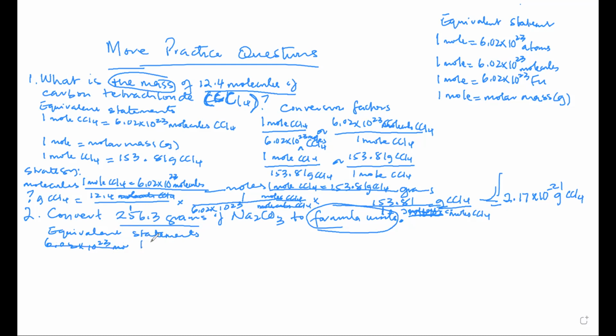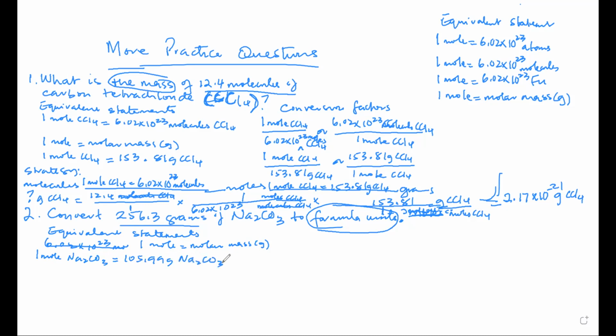It will be 1 mole equal to molar mass. That's how we start this one. And calculating the molar mass of sodium carbonate, it will be 1 mole of sodium carbonate equal to 105.99 grams of sodium carbonate.